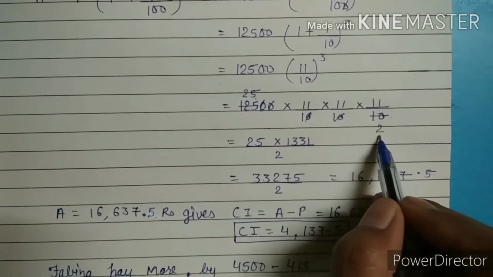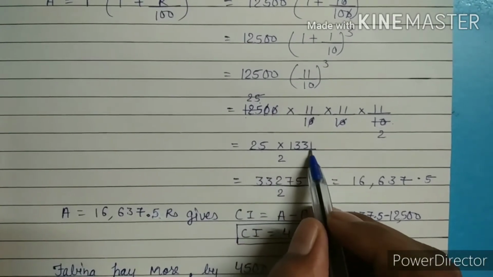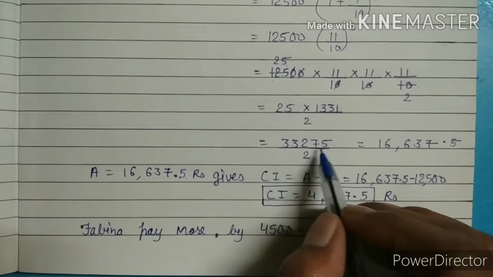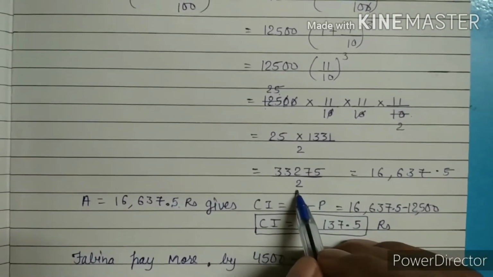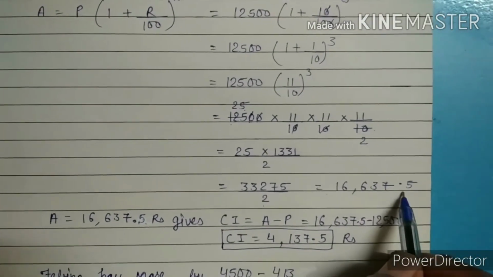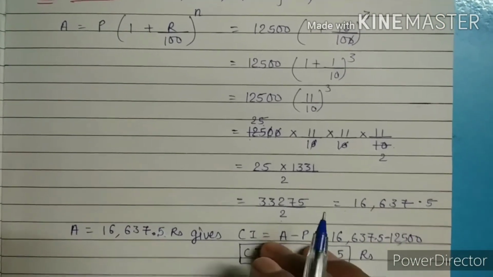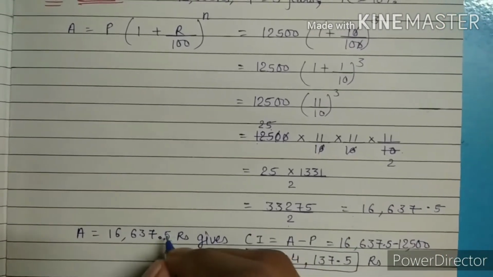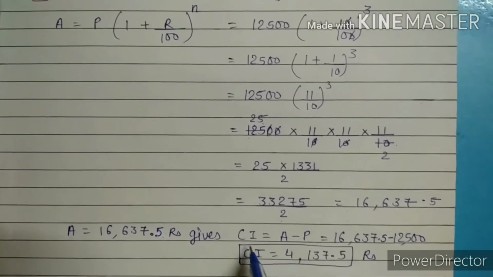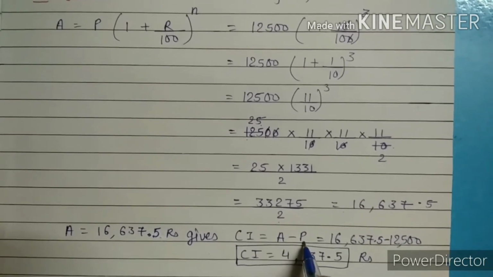It will divide by 2. 25 multiply by 1331 will give us 33,275, and when it is divided by 2, it will give 16,637.5. So this is the amount for Radha that Radha will return according to compound interest, but the amount gives compound interest as A minus P, amount minus principal.